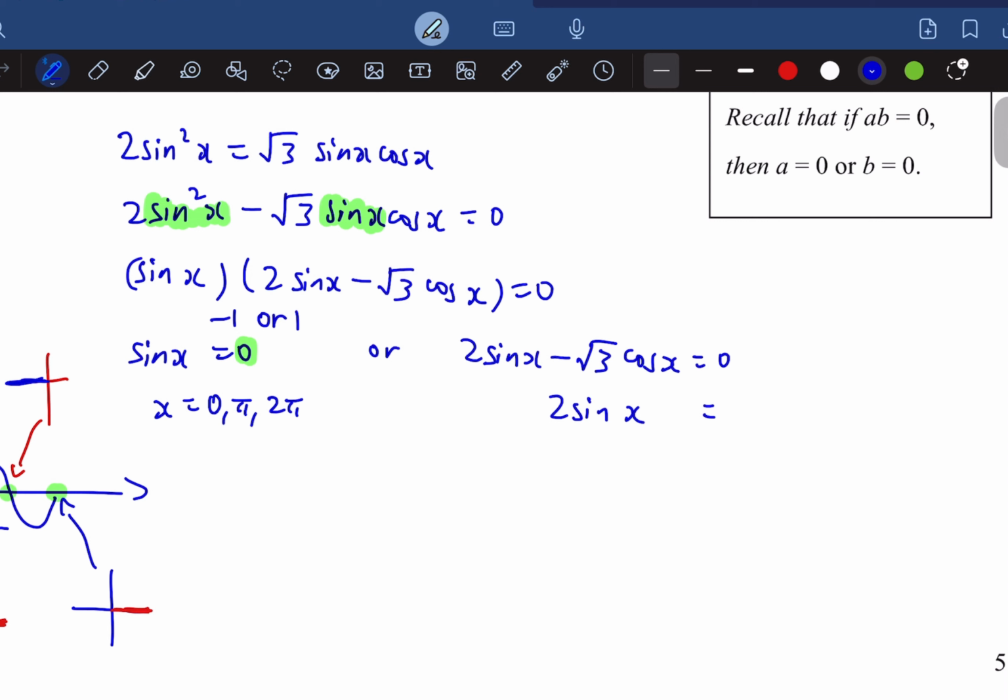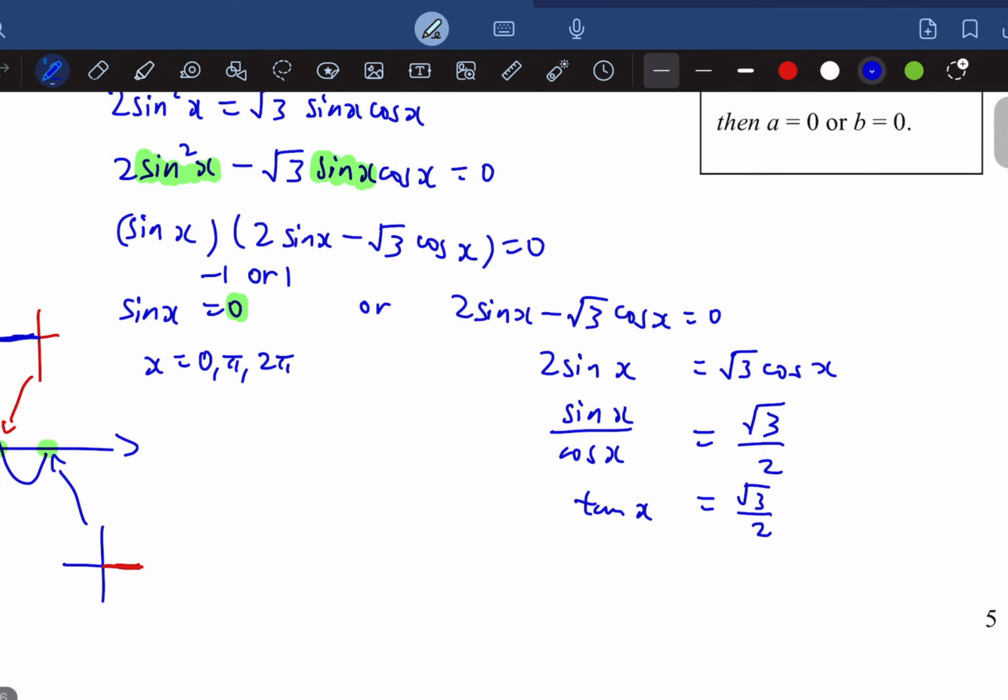So what do we do? Let's take a look. 2 sine x equals to square root 3 cosine x. Do take note, we know the identity tangent equals to sine over cosine, so we'll be using that. So I bring all the trigo terms together. So sine x over cosine x equals to square root 3 over 2. So here tangent x equals to square root 3 over 2. Now I have tangent x, only a single one.